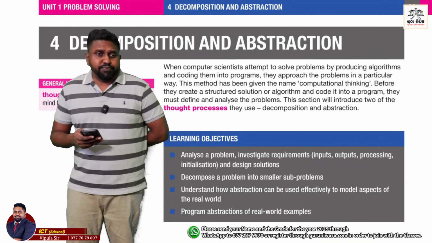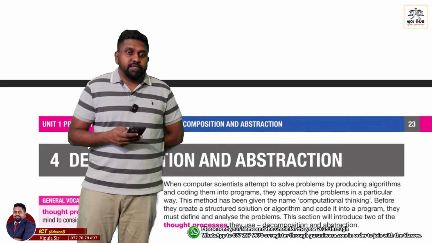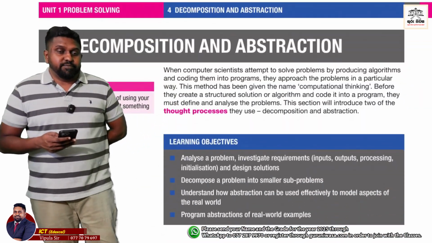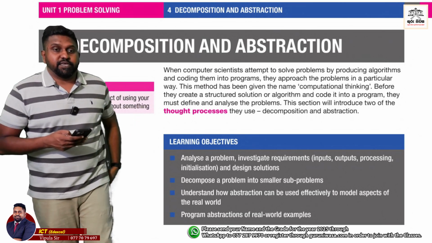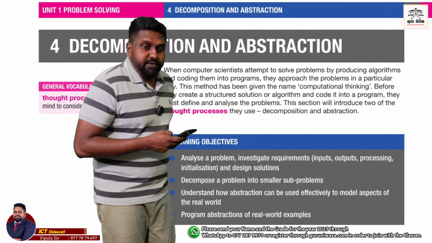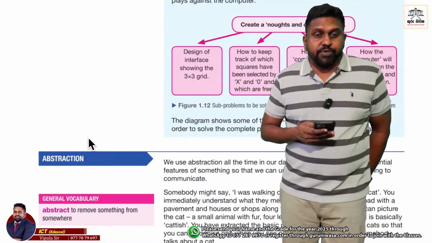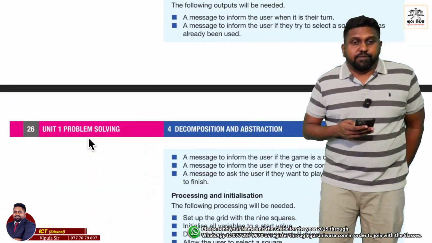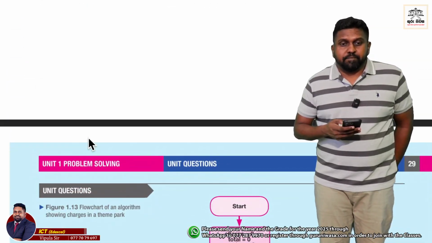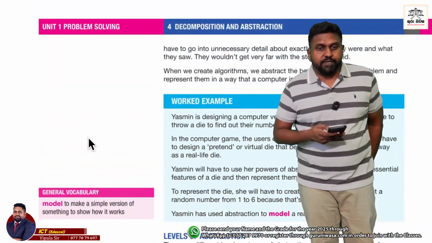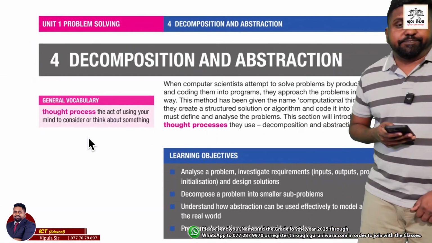Okay, so that's about sorting and searching algorithms. Now we jump into the last part where we talk about decomposition and abstraction. Okay, so here, I was just going to check the questions.